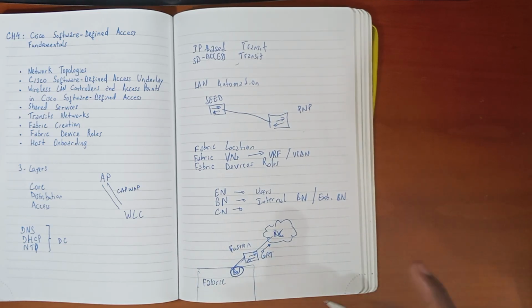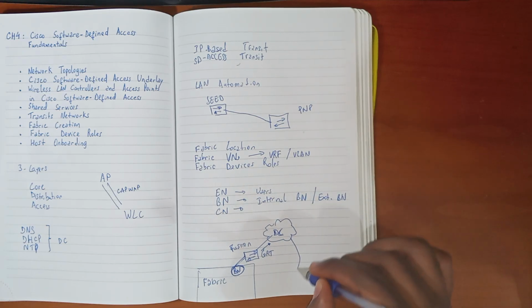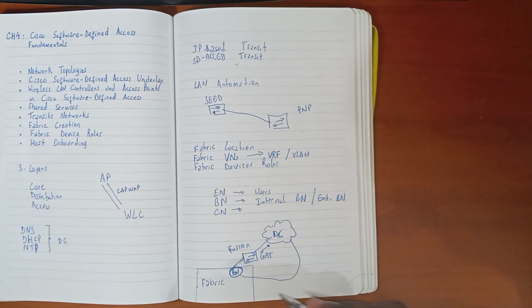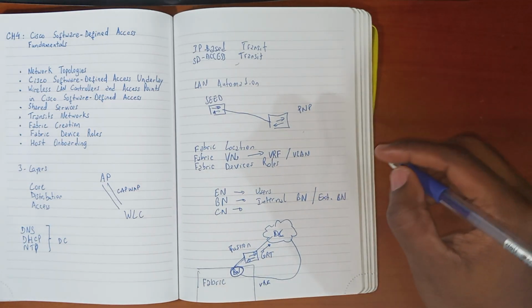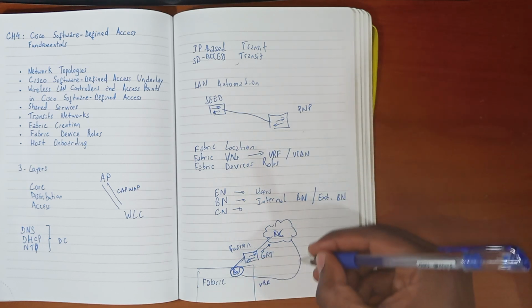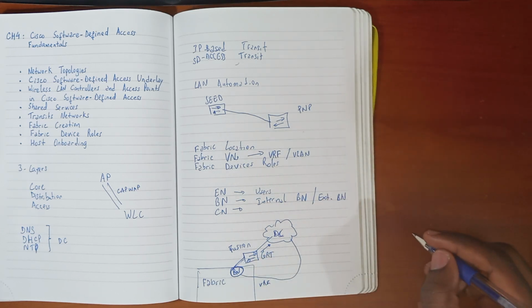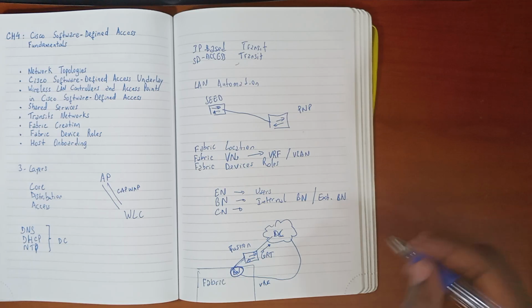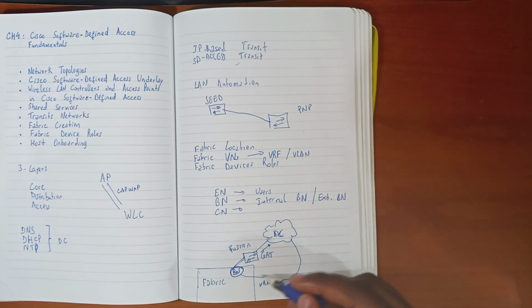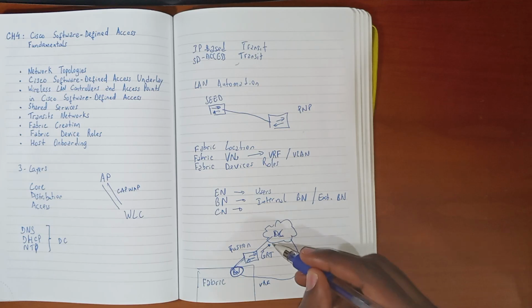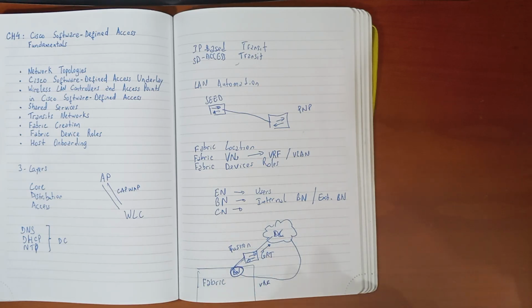The other way is to have a direct communication with the border nodes. You just need to know how to deal with the VRF and the routing protocols in order to do this setup. For the ones that don't know how to do this setup, they can utilize an intermediary device like a fusion router to have this working.